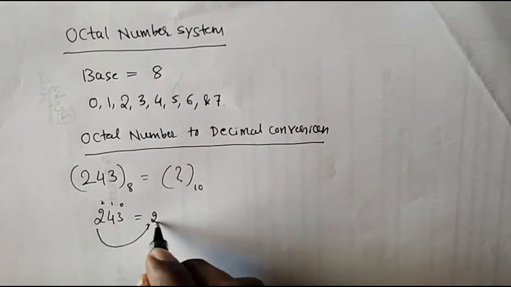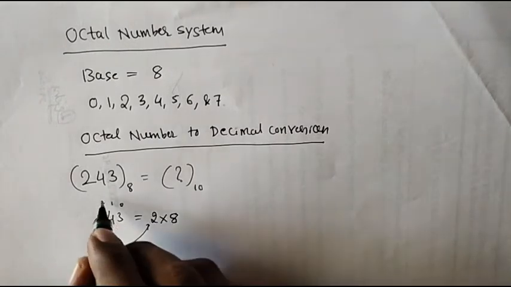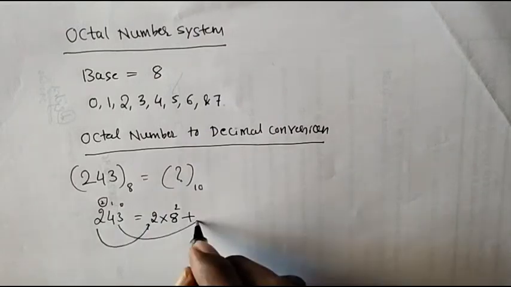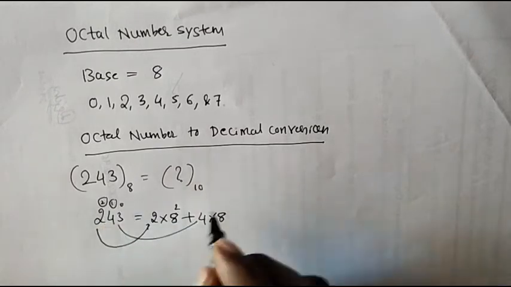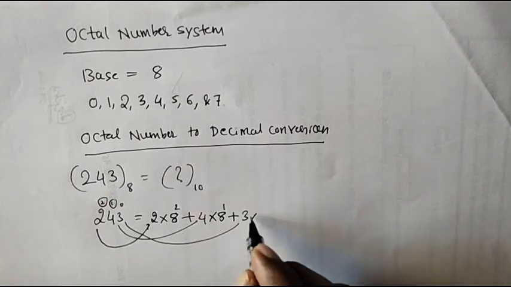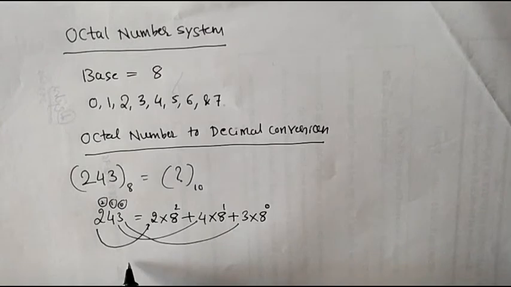That is 2 into base of octal number system is 8 raised to 2 plus 4 into base is 8, the power is 1 plus 3 into base is 8 and the power is 0.